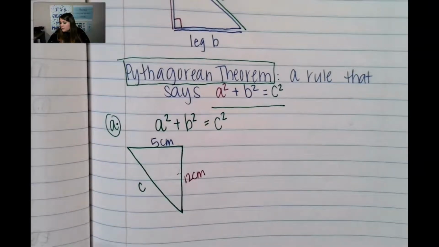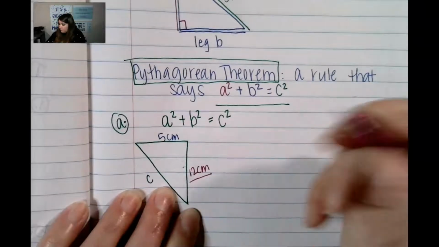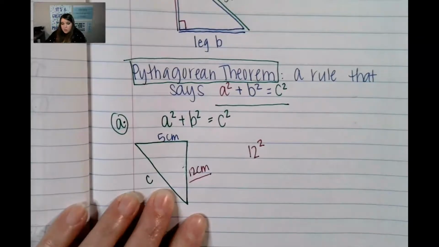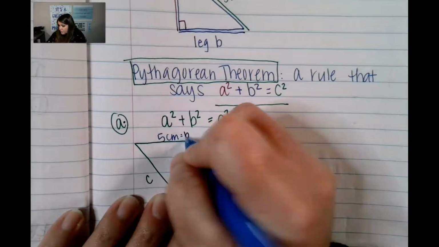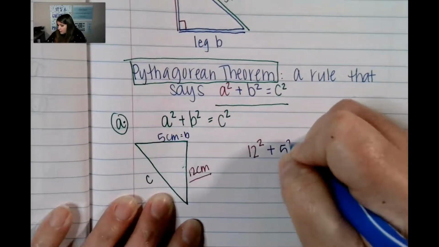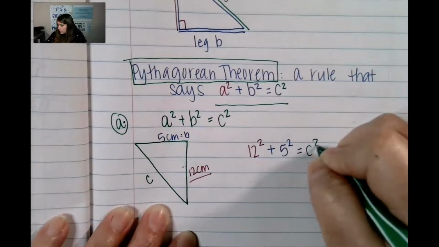So let's go ahead and start with A. So we're just going to go ahead and square this. So 12 squared. Plus, we're going to take this leg here, and that's our B, and that's going to be plus 5 squared. And we're looking for our letter C, which is c squared.